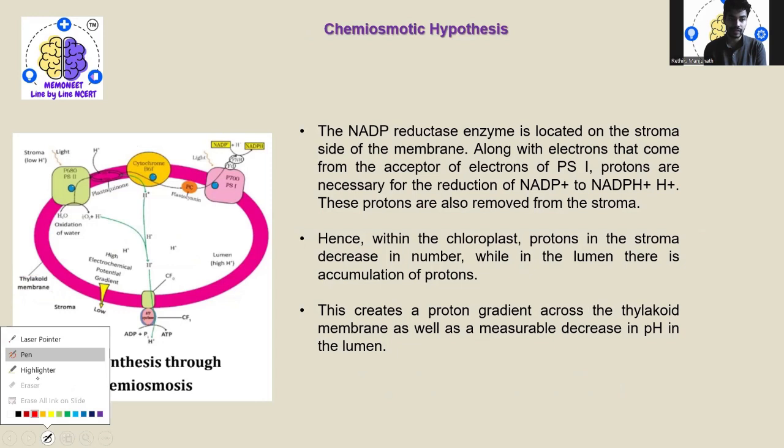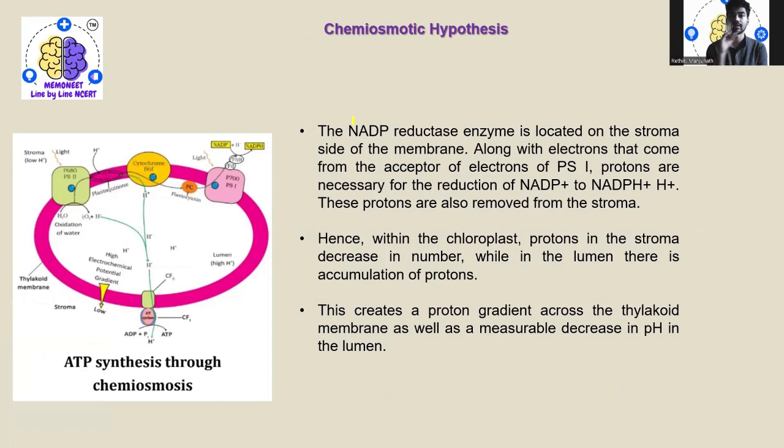As a result, we have the NADP reductase enzyme, which is located on the stroma region of the membrane.